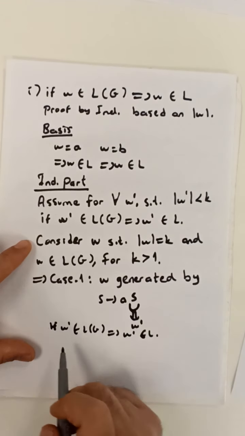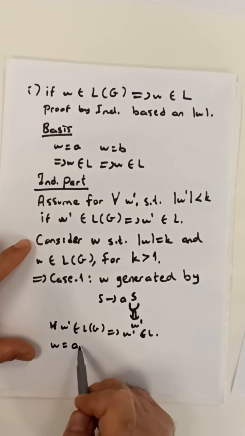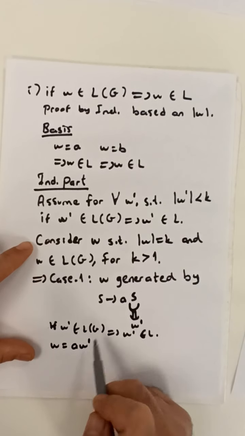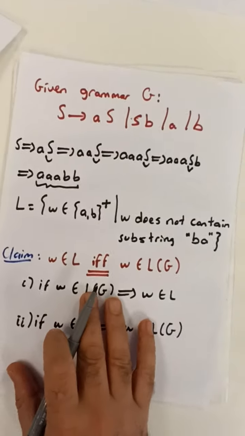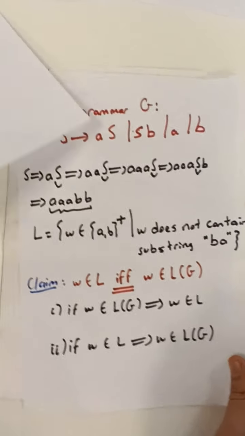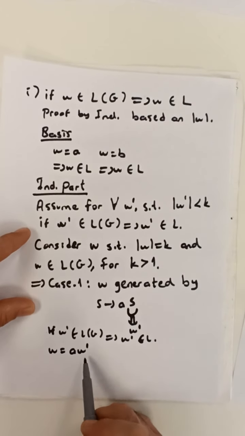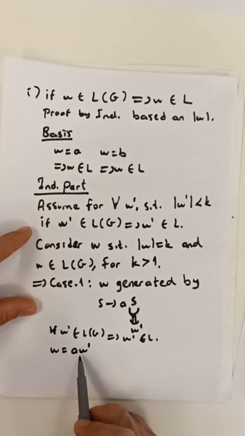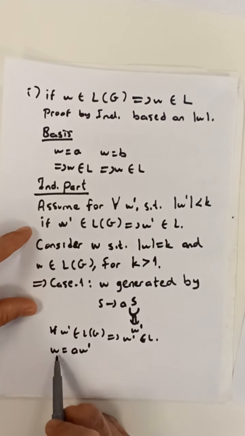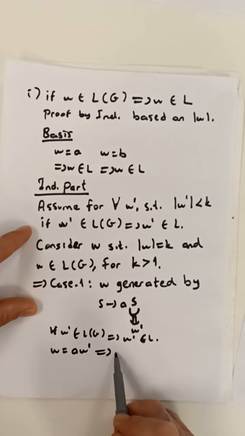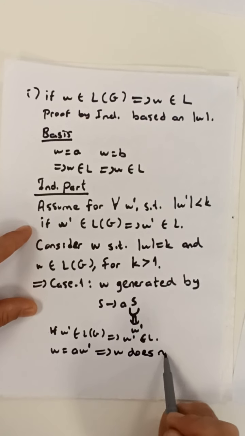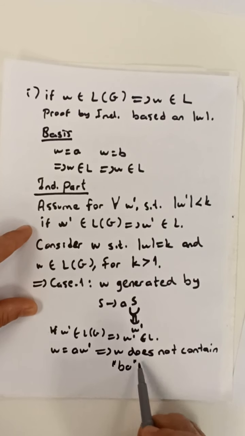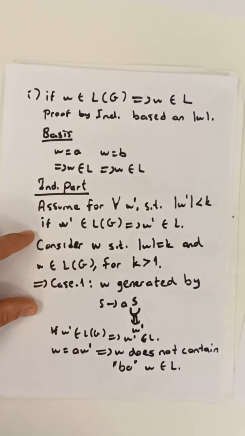So we basically have W being equal to A W prime such that W prime is in the language. Note that the definition of our language says that any string that doesn't contain the substring BA. Now, if W prime is in the language, W prime doesn't contain BA. If W prime doesn't contain the substring BA, then neither does W. If this is the case, W does not contain substring BA, and W belongs to the language.